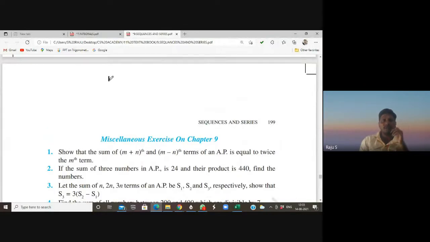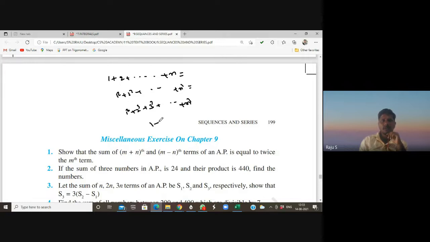Actually, there are only a few formulas. The sum of the first n terms is n into n plus 1 by 2. The sum of the squares of the first n terms is n into n plus 1 into 2n plus 1 by 6. The sum of the cubes of the first n terms, this we know.